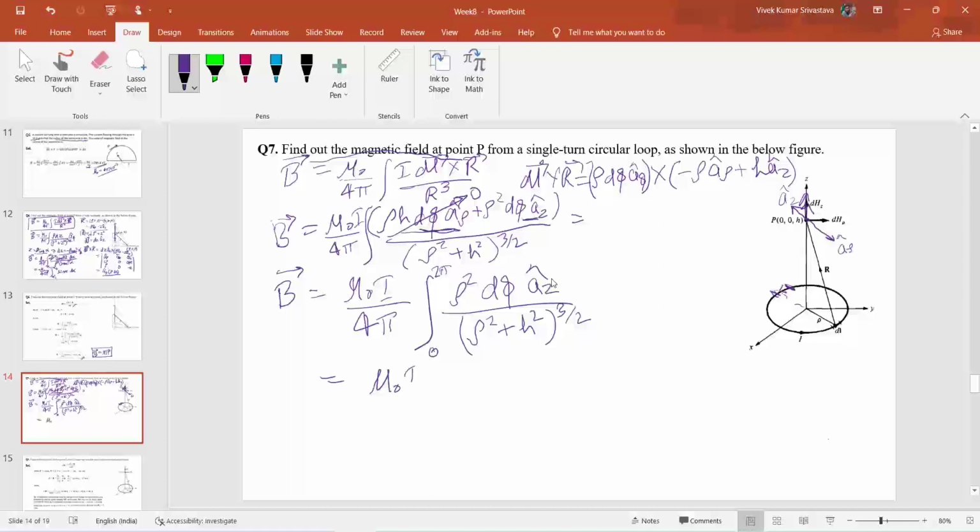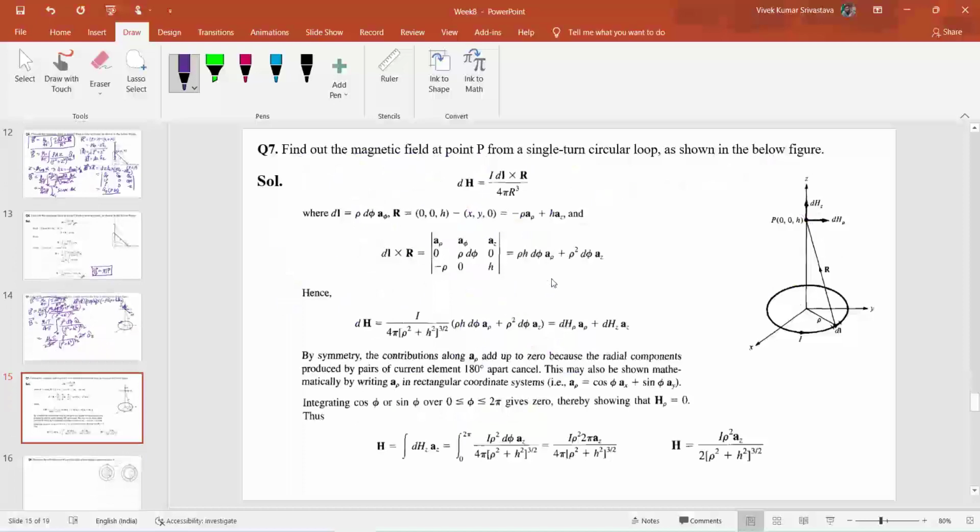So this becomes equal to μ0 I by 4π, ρ² over ρ² plus h² raised to the power 3/2, and this integral becomes equal to 2π az, okay. So this will cancel each other. So the total magnetic field, after calculation, you will get this, okay. So that's how we can use the Biot-Savart law for determining the magnetic field from any current carrying element.